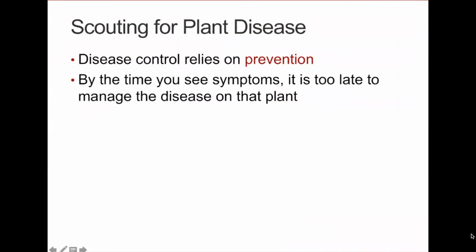Like I was saying before, with scouting for plant diseases, disease control really relies on prevention, preventing that disease from occurring, because the diseases are always present. It just depends on the climate and the environment for that disease to really inoculate the plant material and create issues. The second point is that by the time you see these symptoms, it's often too late to manage those diseases in the plant.